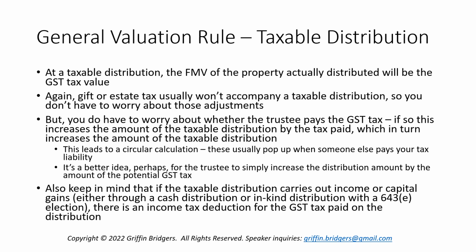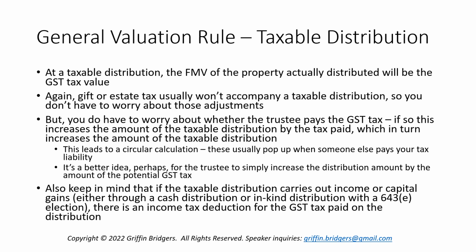So if the trustee keeps paying it, it leads to this circular calculation, which really has no end until you reach some kind of finite limit based on a curve like you might have seen in calculus if you ever took that. So circular calculations are bad, and they usually pop up when somebody else pays tax that you're obligated and liable to pay.